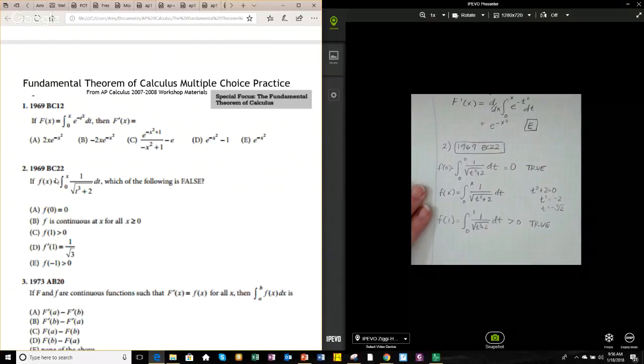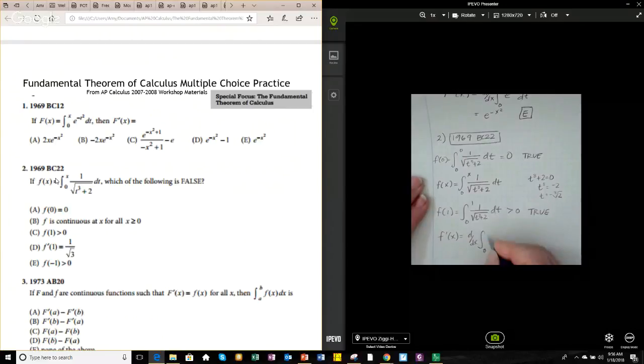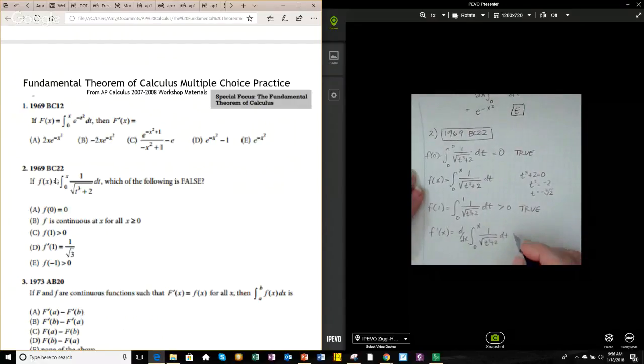Okay. F prime of 1. So what is f prime? Well, f prime of x is equal to the derivative of an integral from 0 to x of 1 over the square root of t cubed plus 2 dt. And if I take the derivative of that, I just take the integrand and put the x in it.